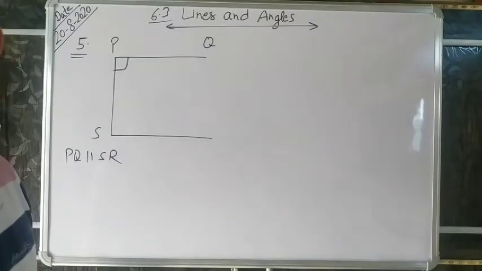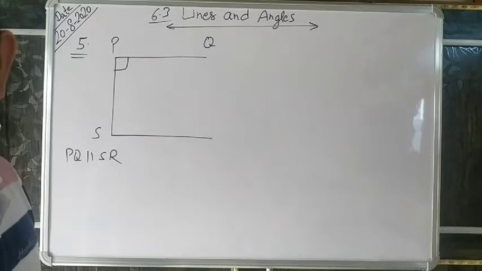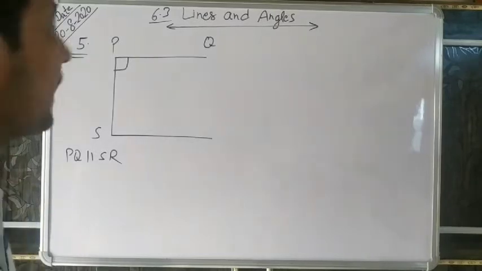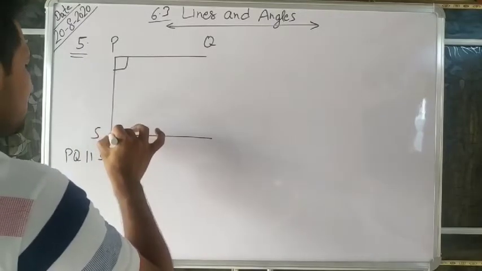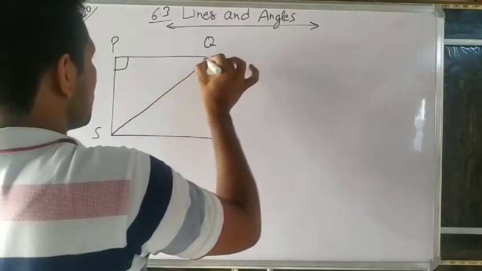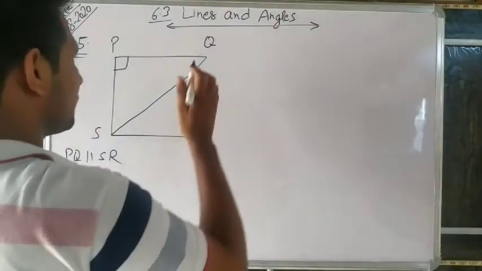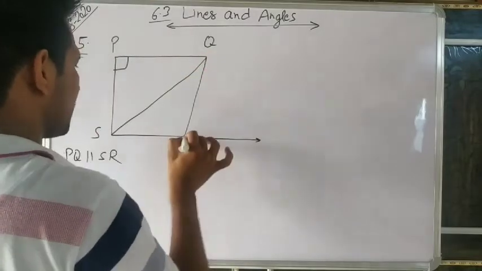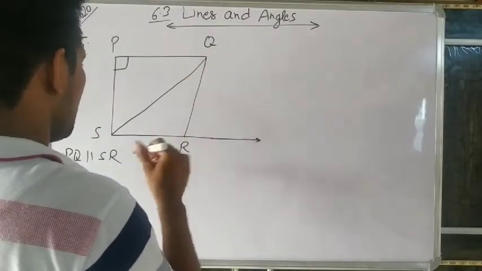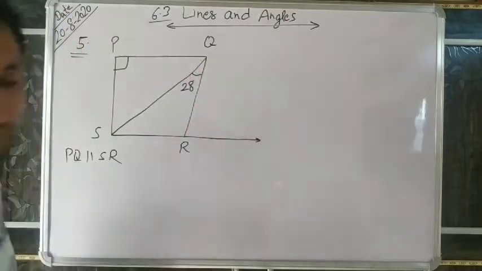Next is SQR. It is a transversal line. Angle SQR is 28 degrees, as given.